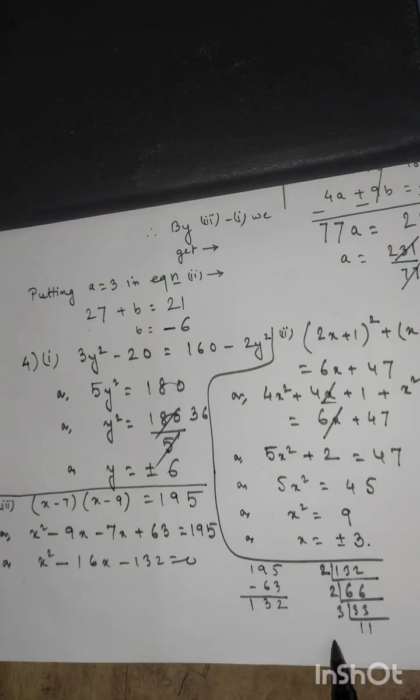Now we have to arrange these factors into two groups in such a way that we get 16 by adding or subtracting them.